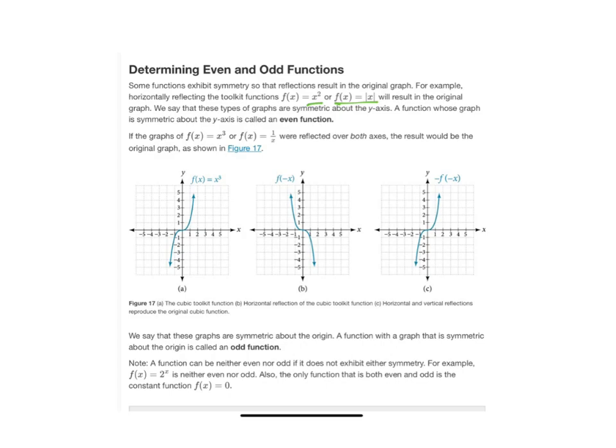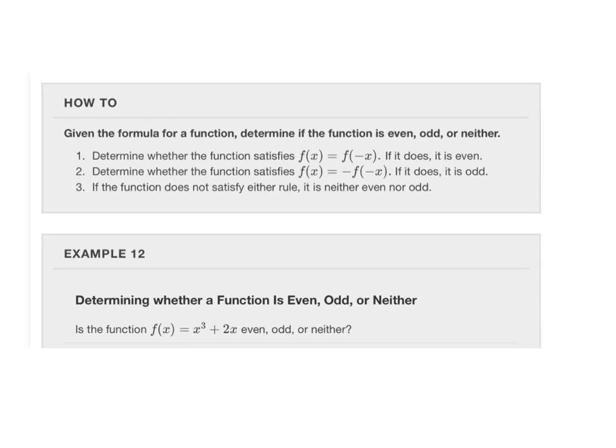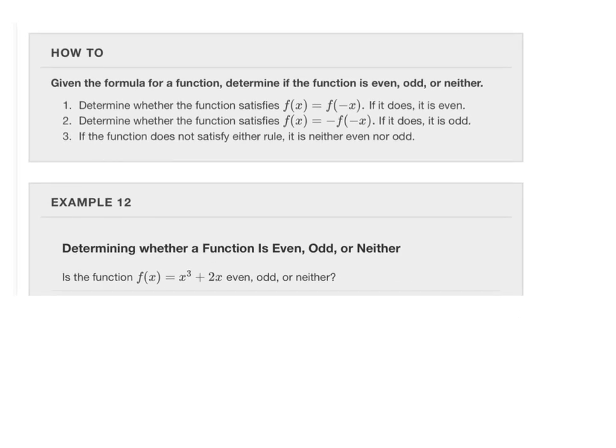And your rule for an odd function, I don't think that we have a rule on this page. I'll write the rules on the next page. The rule for the odd function, it has to flip twice. It's negative f of negative x. Okay, so write these down.